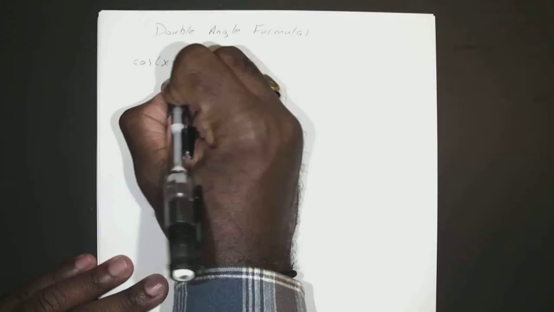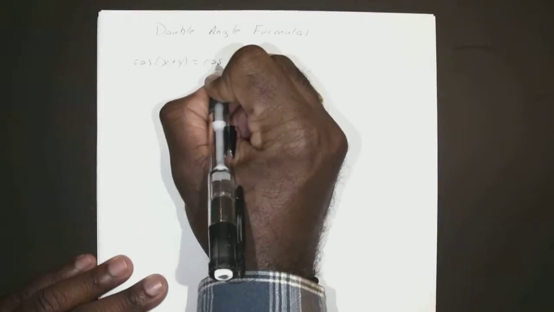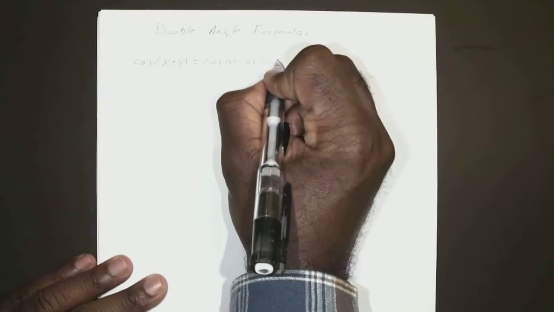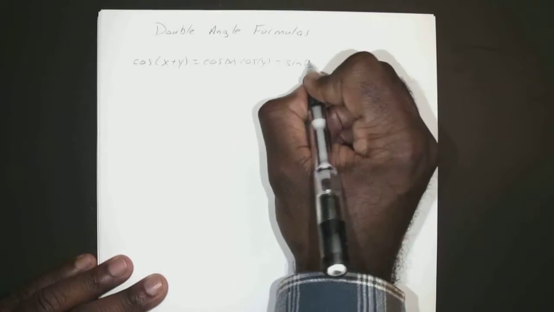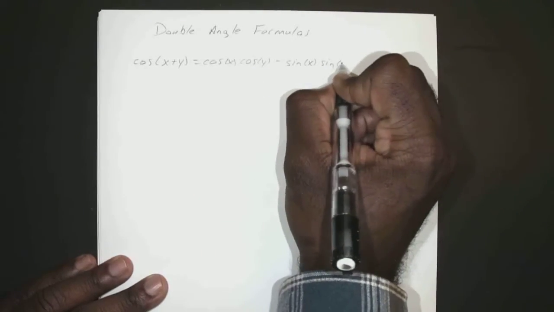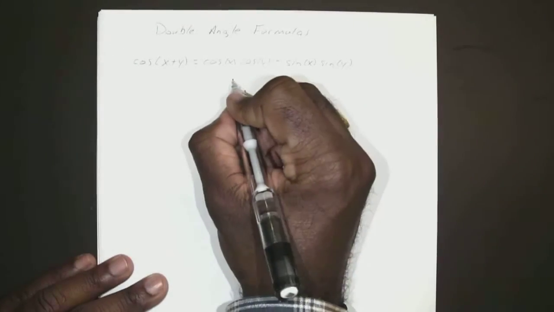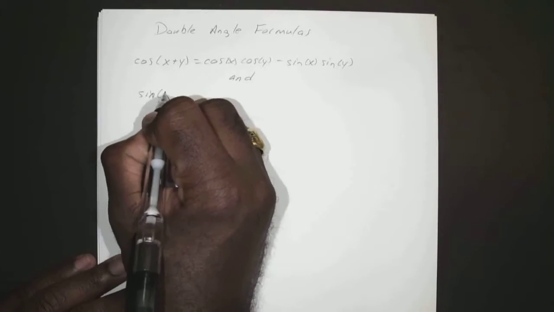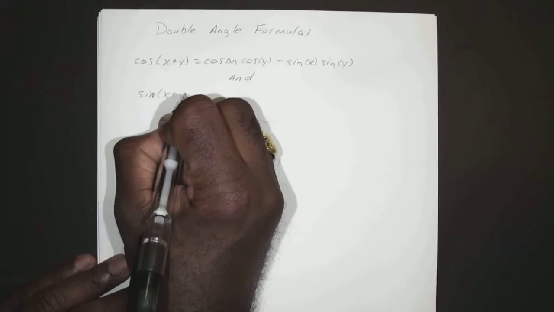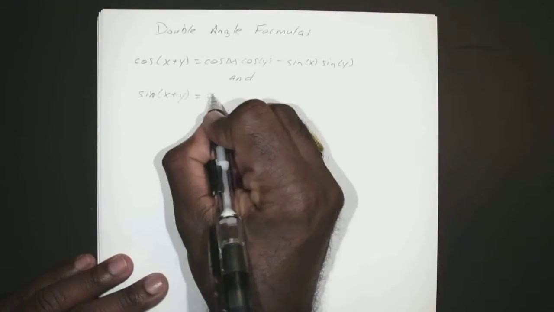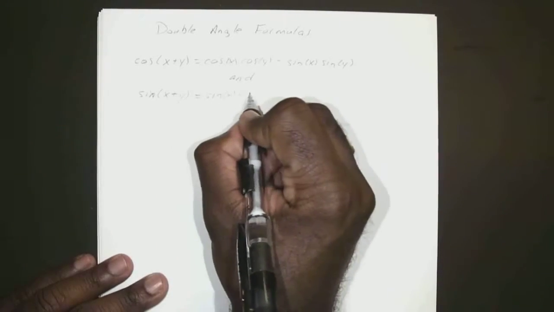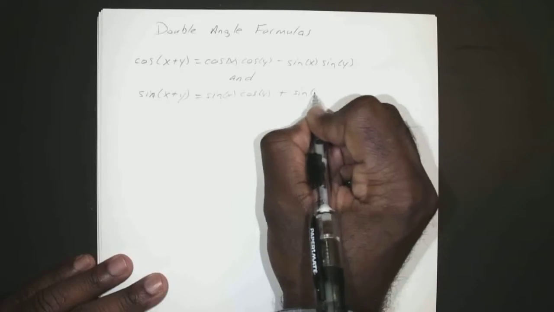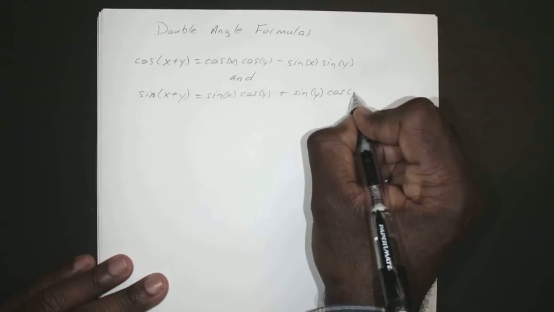Say cosine of x plus y is equal to cosine of x cosine of y minus sine of x times sine of y. And we also know that sine of x plus y is equal to sine of x cosine of y plus sine of y cosine of x.